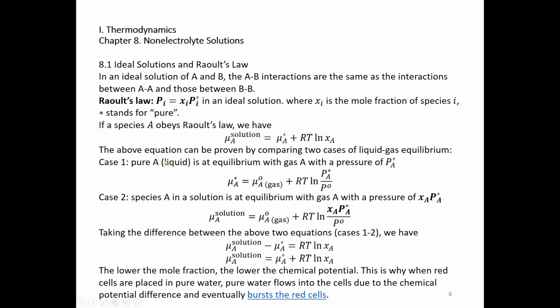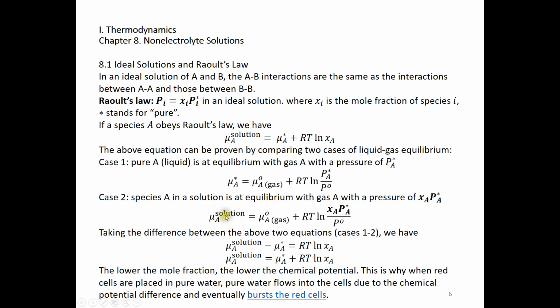When pure A has a liquid phase and a gas phase, and these two phases are at equilibrium with each other, therefore the chemical potential of A, this is pure liquid A, is equal to the chemical potential of gas on the right hand side. Now, what if it's in a solution? If it's in a solution, we will actually put this solution in the superscript over here.